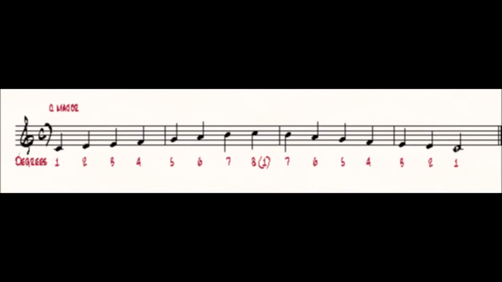Alright, now I'm going to review just a real quick little bit. C major scale: C, D, E, F, G, A, B, C. Okay, 1, 2, 3, 4, 5, 6, 7, 8. Now those are the degrees of the scale, but we also do the same thing with the chords.